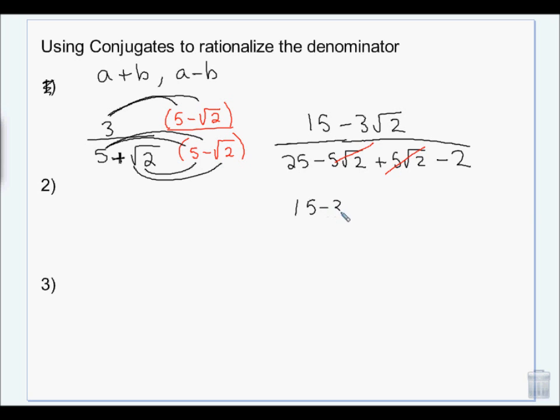So I have 15 minus 3 times the square root of 2 over 25 minus 2 is 23. Now in order to reduce this at all, these 3 numbers would have to divide by the exact same number. So the 15, the 3, and the 23 would all have to be divisible by the same thing, which they're not. So this won't reduce.